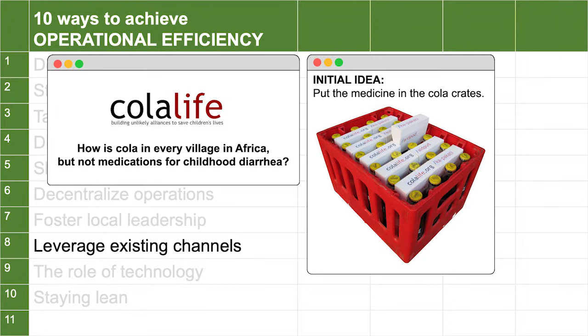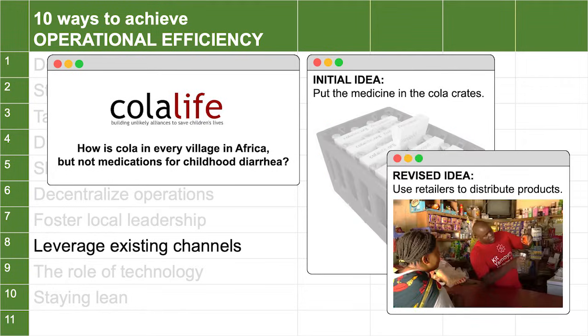That actually didn't work because it turned out only 4% of retailers or something small like that use those crates to transport the cola bottles. But through their experimentation and testing and prototyping and piloting, they realized that they could still use those retailers to sell their product at a low cost or distribute their product if others were paying for it to their end users.